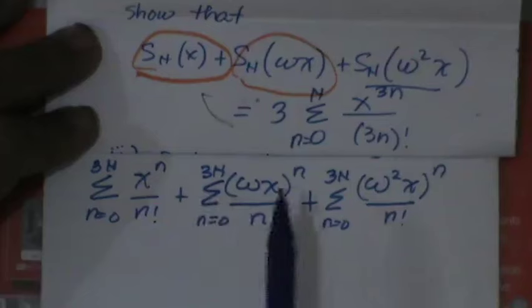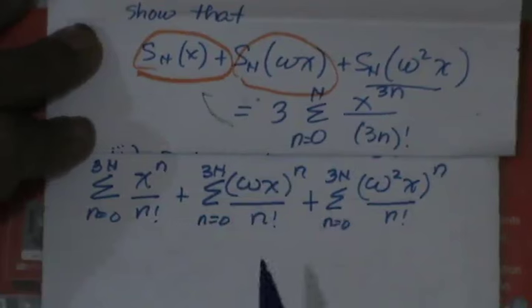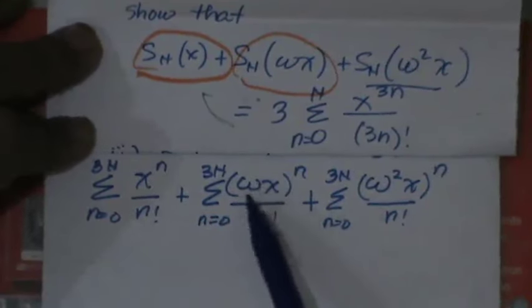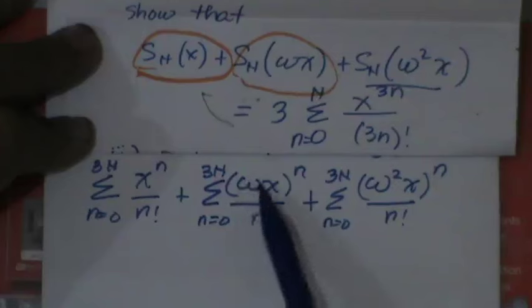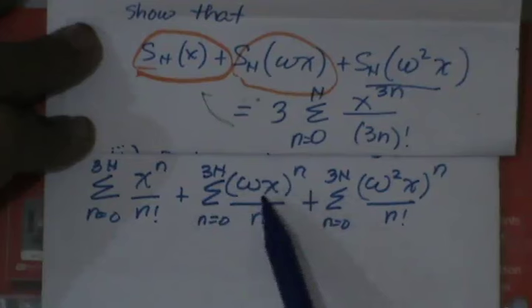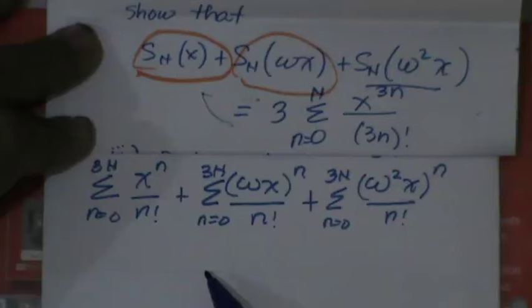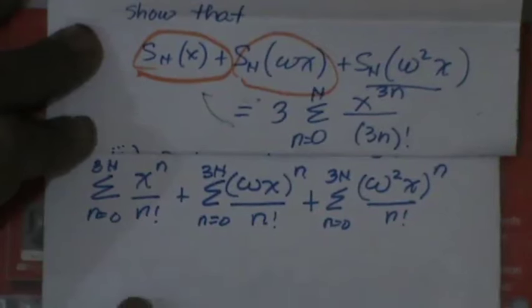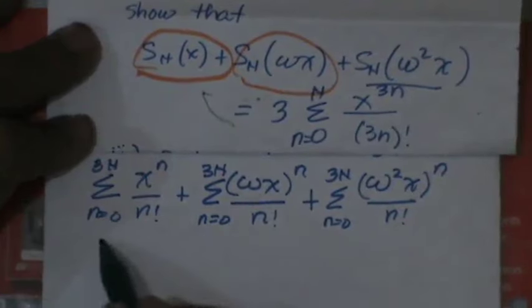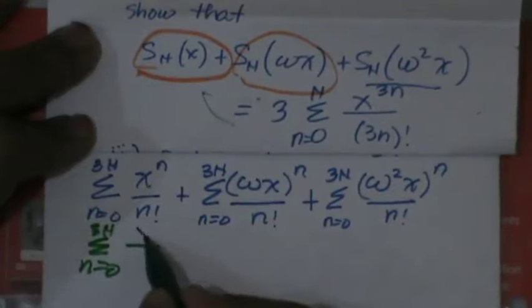Now, for you to be able to visualize this properly, as you can see, because omega is a number, even if you put this one outside, it doesn't matter because it's just going to be the same thing. So let's rewrite this. So the sum from n equals 0 to 3n. Sorry if my handwriting is not that legible.